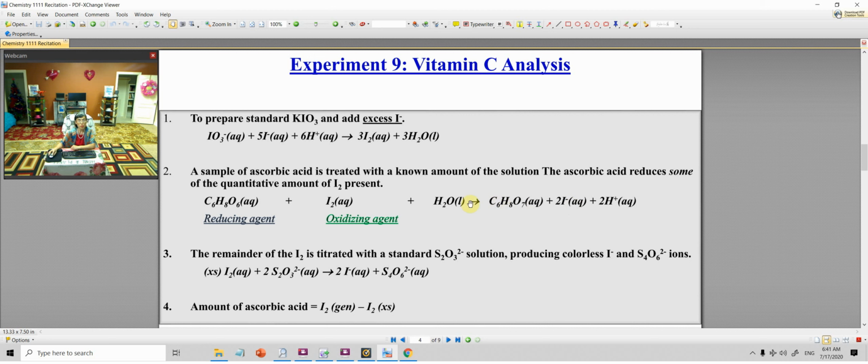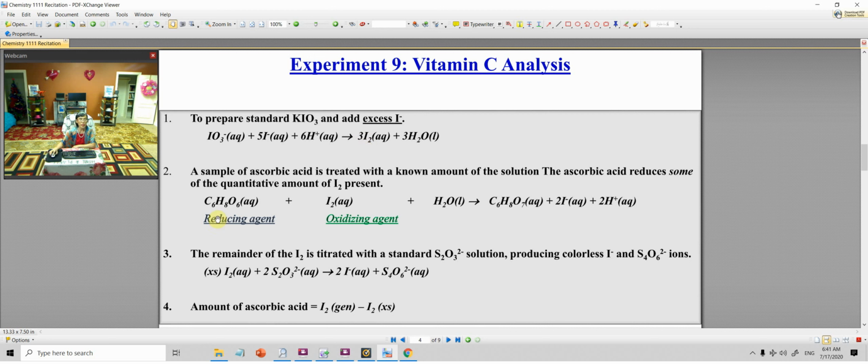The reaction is 1 to 1 to 2 in terms of your iodide. So again, be careful with your balanced reaction. The first balanced reaction: 1 mole of iodate to 5 moles of iodide gives 3 moles of iodine, I2.